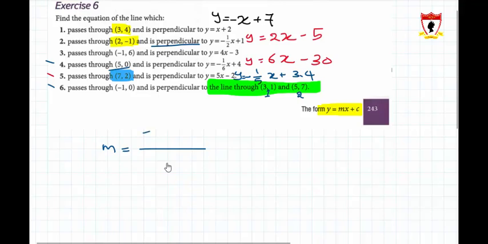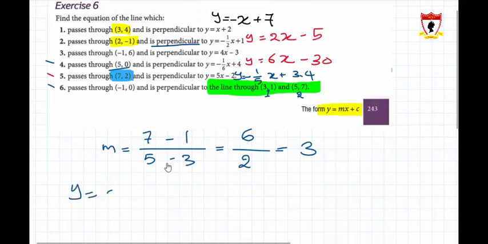Then y2 minus y1, 7 minus 1, over x2 minus x1, 5 minus 3. 7 minus 1 is equal to 6. 5 minus 3 is equal to 2. 6 divided by 2 is equal to 3. So the gradient of this greenly highlighted equation is 3.